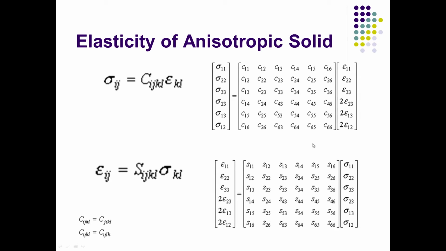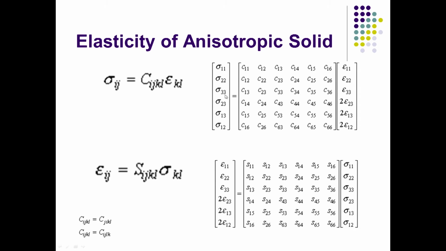So, with that understanding, another matrix, when you reverse it with the strain, that is called stiffness matrix. So, this matrix of elastic constants is called Cijkl, which is the compliance, and this one is called stiffness matrix, and these are the stiffness constants, which are nothing but reciprocal of the elastic constants.